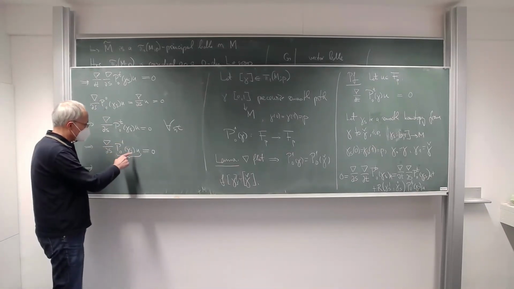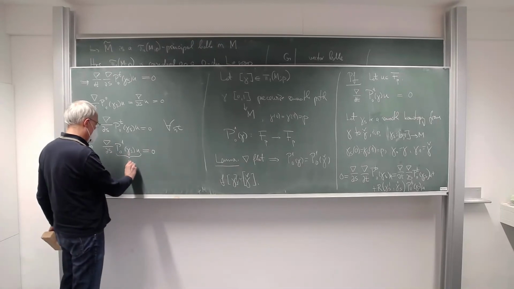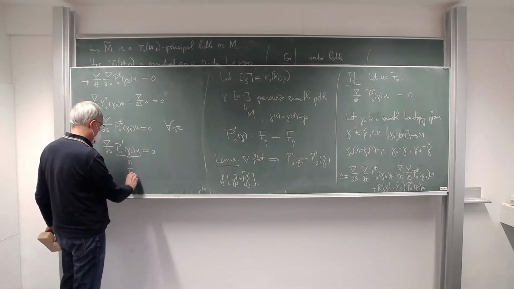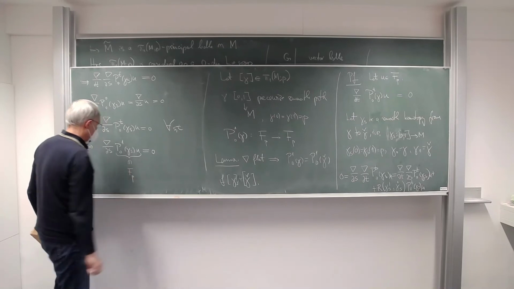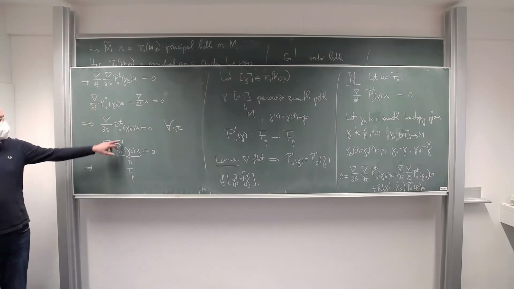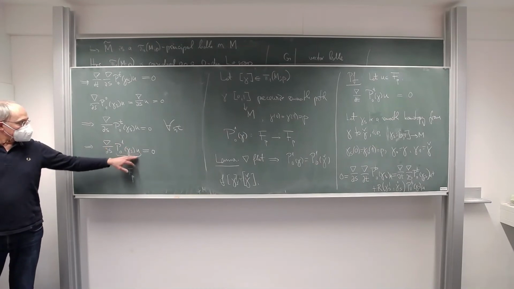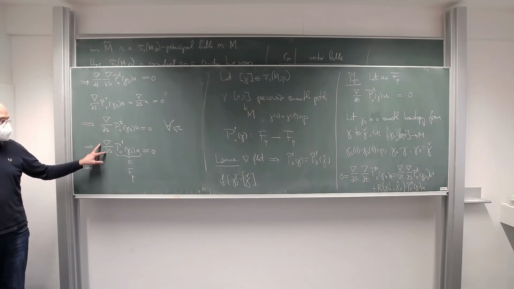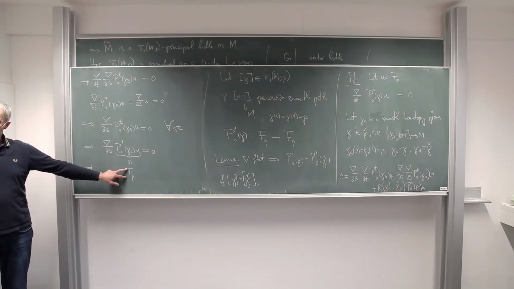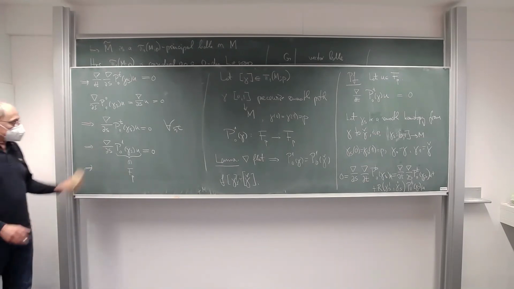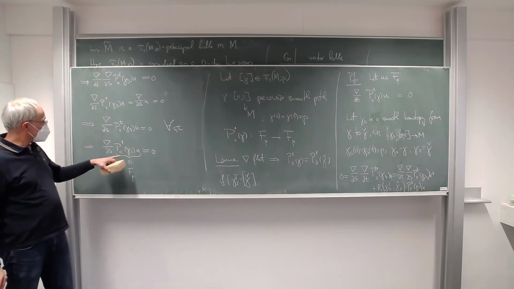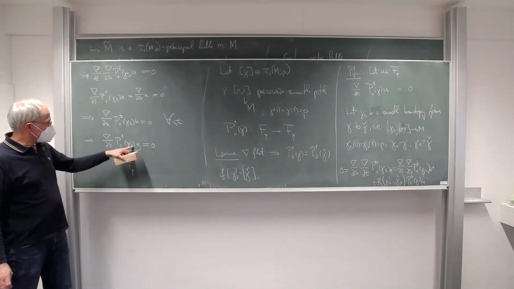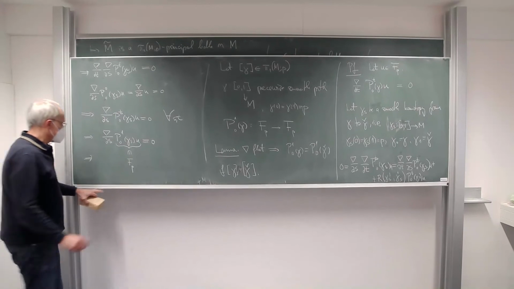So that is really a curve. So this is a curve in Fp. So the endpoint of all these curves gamma s is p. So this is some curve in the fiber Fp. So this covariant derivative is actually the usual derivative in that vector space. And it's 0, and so therefore it must be the same for s equals 0 and s equals 1.